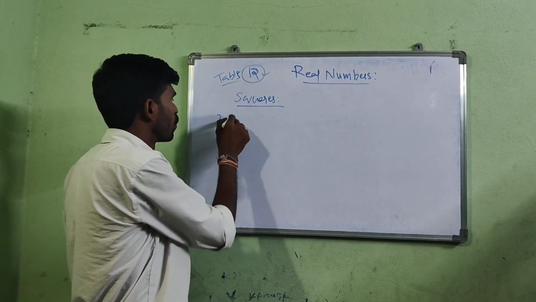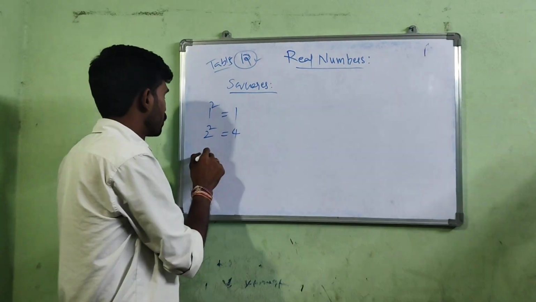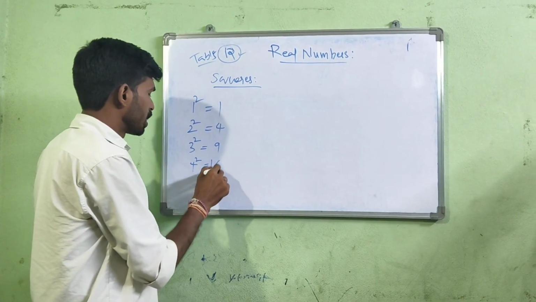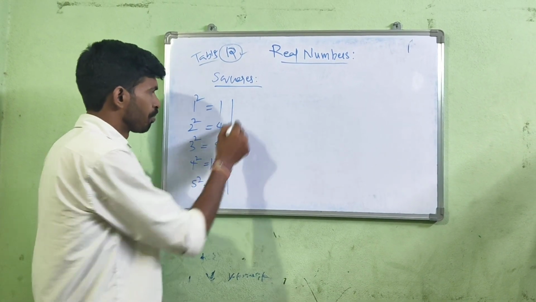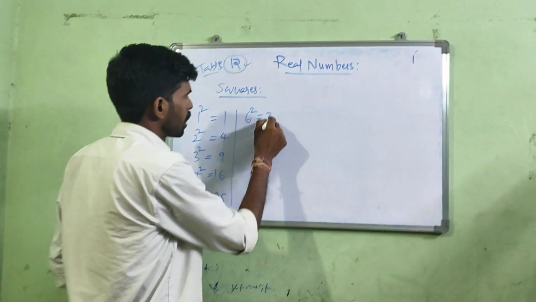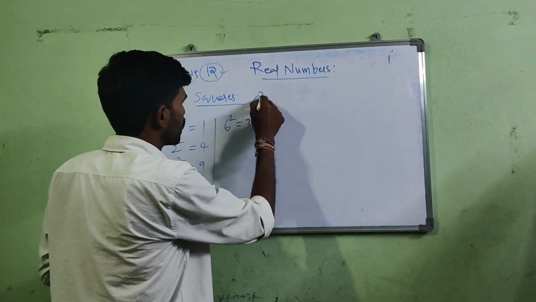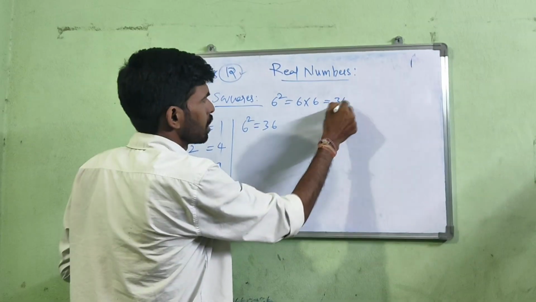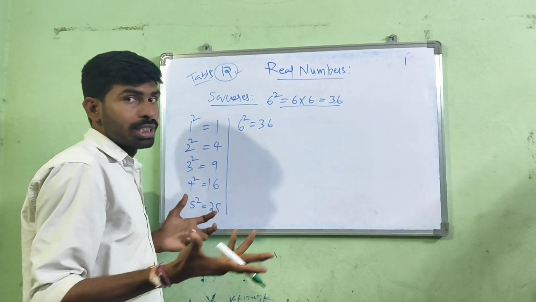Square numbers. 1 square is 1, 2 square 4, 3 square 9, 4 square 16, 5 square 25, 6 square 36. What is square? Simply, 6 square is nothing but 6 into 6, that is 36. This is not a big thing.